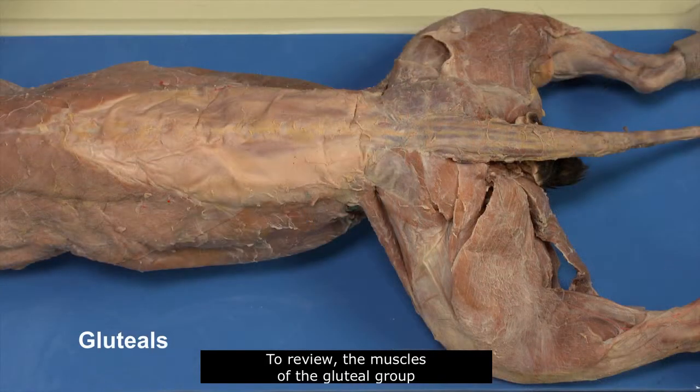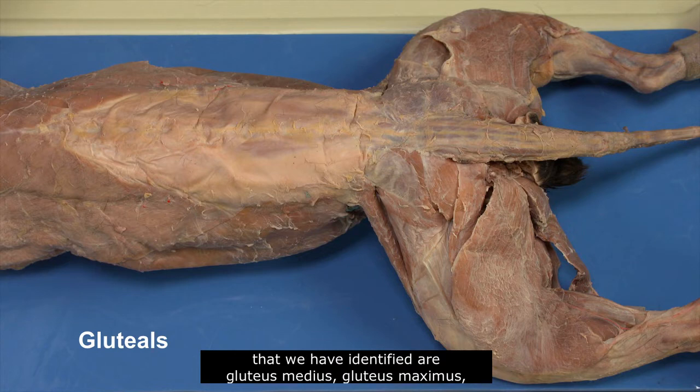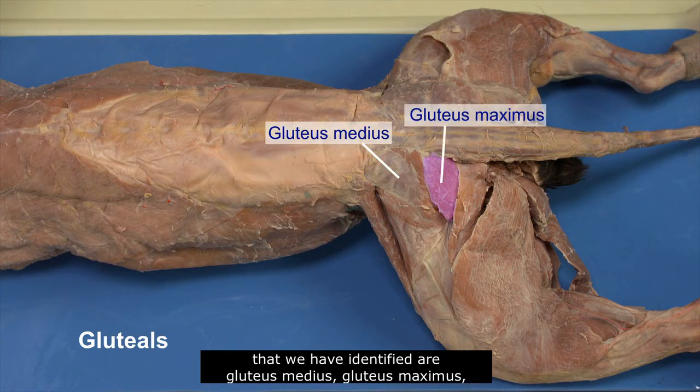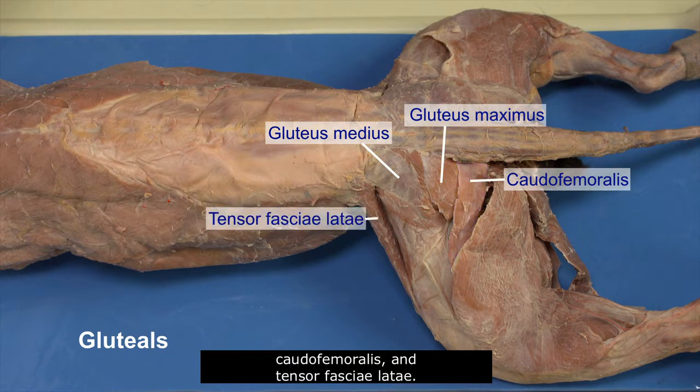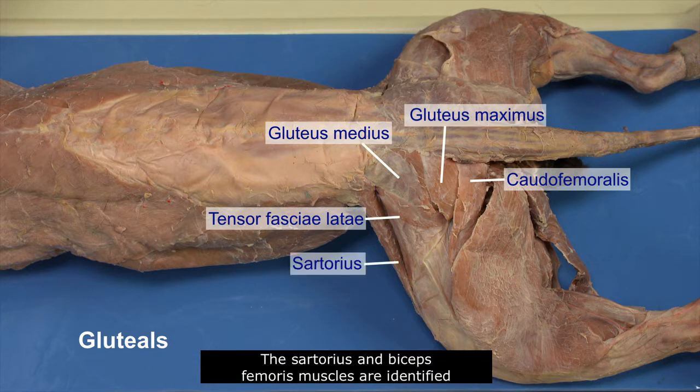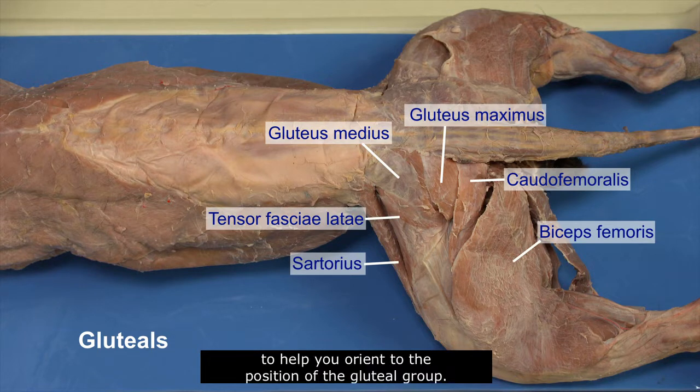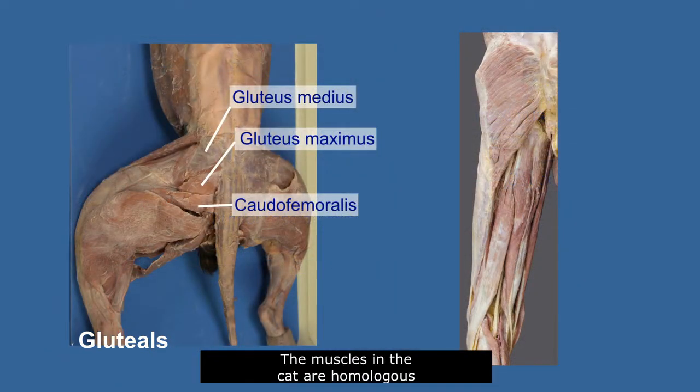To review, the muscles of the gluteal group that we have identified are gluteus medius, gluteus maximus, caudofemoralis, and the tensor fasciae latae. The sartorius and biceps femoris muscles are identified to help you orient to the position of the gluteal group. The muscles in the cat are homologous to the similarly named muscles in the human.